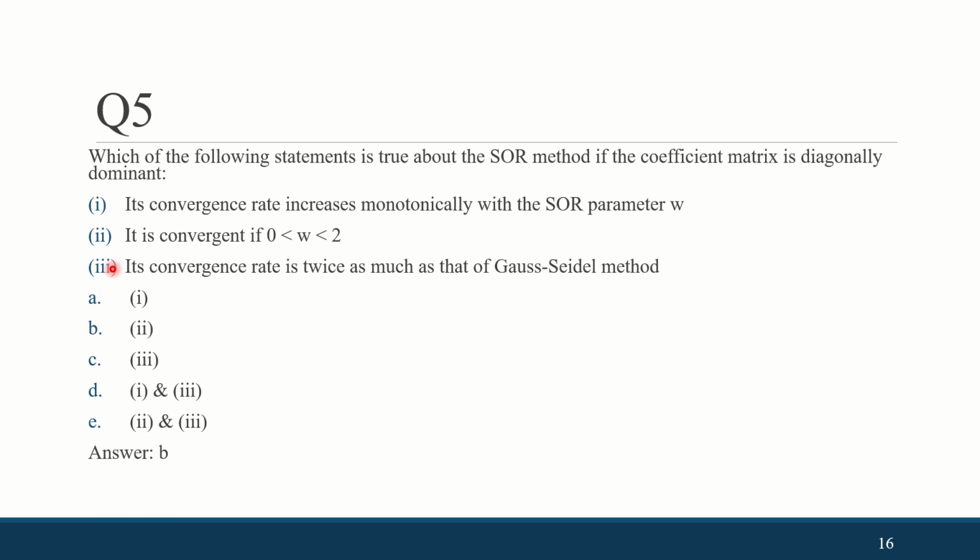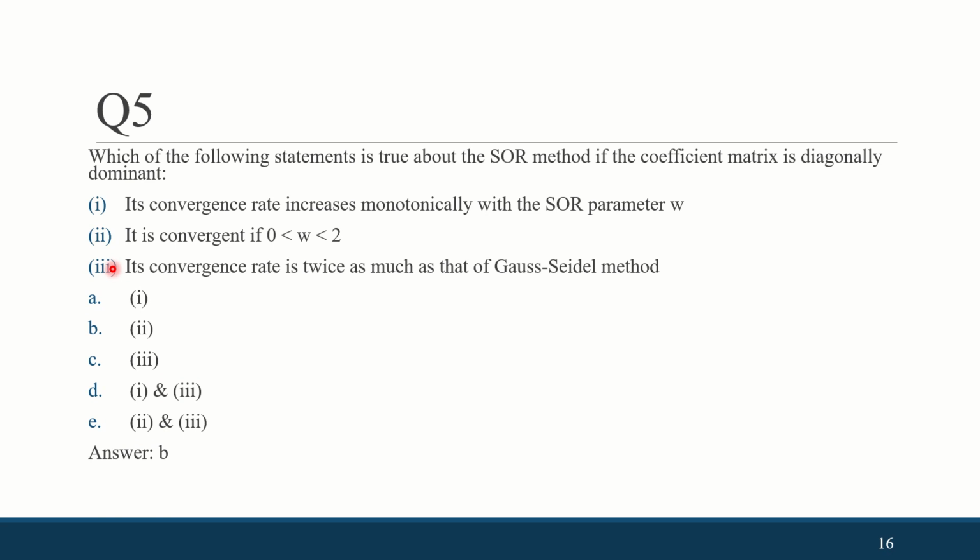So in this we introduced an additional term omega, or W, in the iterative technique like Gauss-Seidel, and this omega increases the convergence rate in the system.